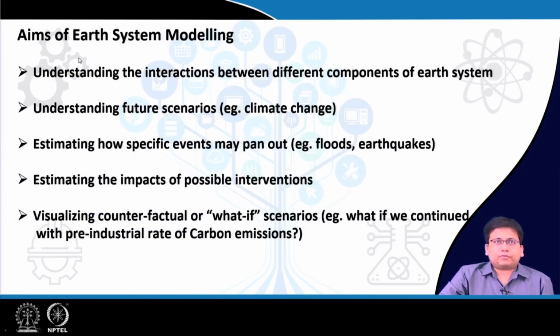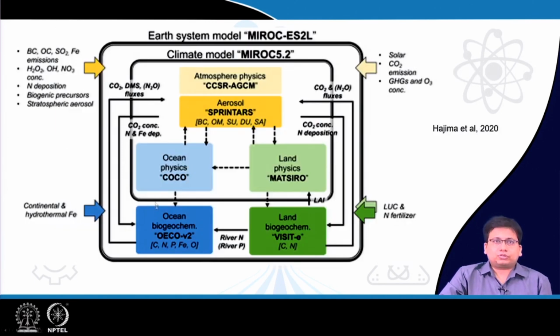Now, what is the aim of Earth system modeling? What do we hope to get out of it? First of all, we want to understand the interactions between the different components of the Earth system. As you can see, there are so many different components, and these arrows indicate the interactions between them. These MAD0 or COCO, as written here, are actually sub process models.